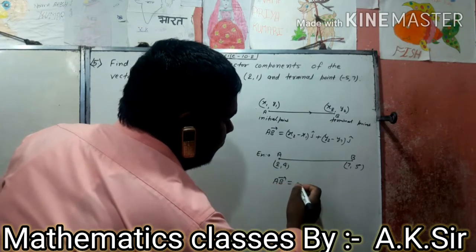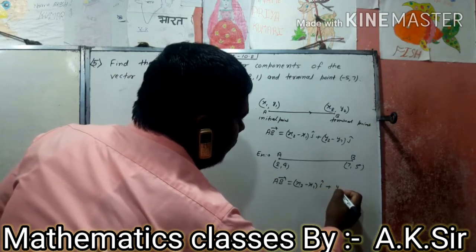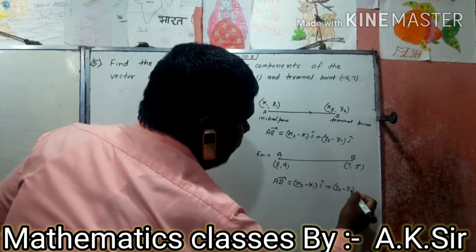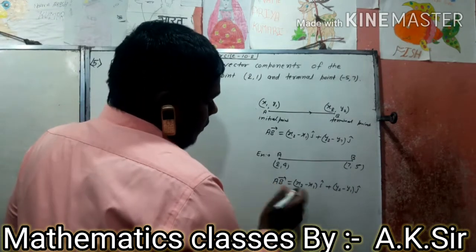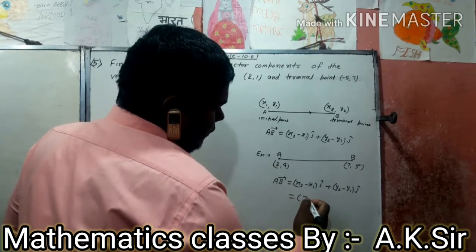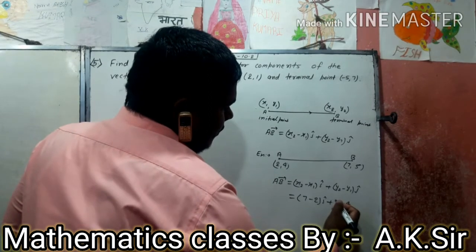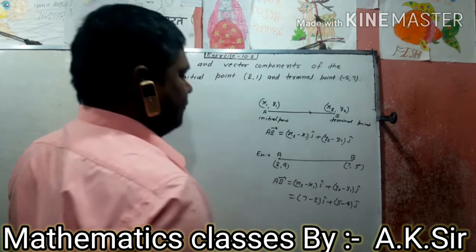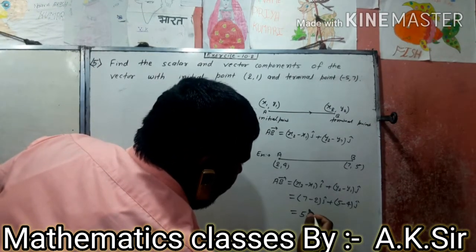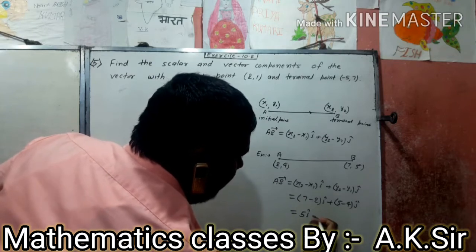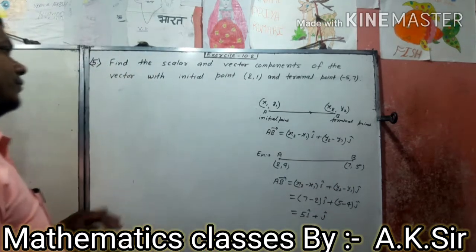AB vector is equal to x2 minus x1 i cap plus y2 minus y1 j cap, equal to 7 minus 2 i cap plus 5 minus 4 j cap, equal to 5i cap plus j cap.